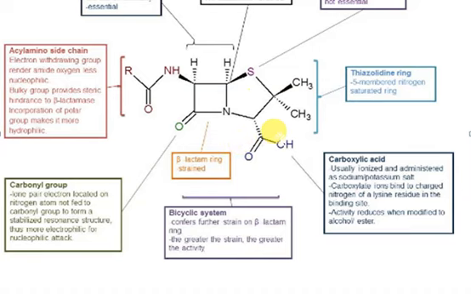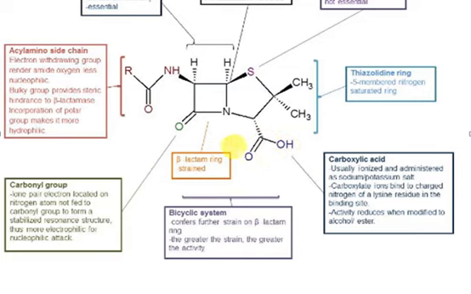Then we have a carboxylic acid group here. Whenever penicillin is introduced in the body, it's introduced in the ionized state, so normally we use the sodium salt or the potassium salt. However, if we convert this carboxylic group into an ester, or into an alcohol functional group, then the activity is lost. It means that this carboxylic group should be present here.